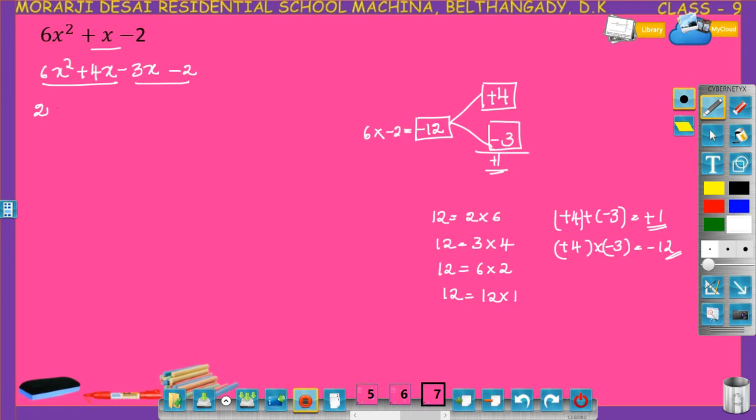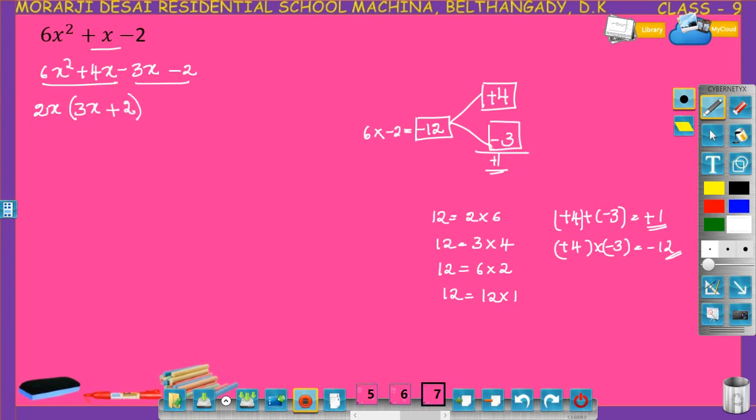X square and x, common factor is x. Now if I take 2x outside, see here 2 how much are 6? 2 3s are 6. X into what is equal to x square? X into x is equal to x square. Plus 2 into what is equal to 4? 2 into 2. X into 1 is equal to x.